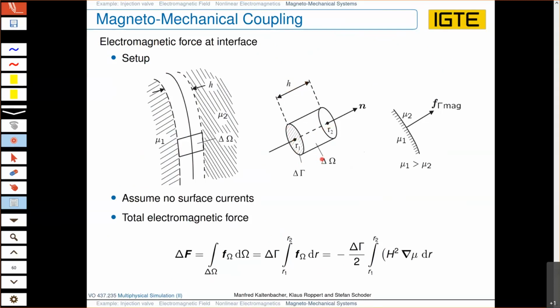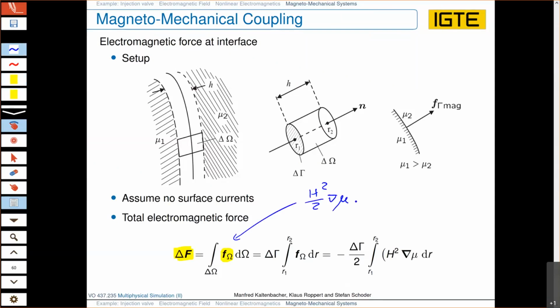So we compute for this small volume the force, we call it delta F, and we know that we have to integrate here our volume force term, which is in our case, as you know, nothing else than H squared over 2 times the gradient of the permeability.